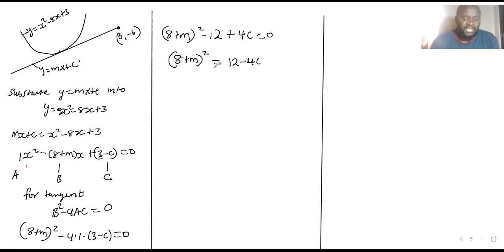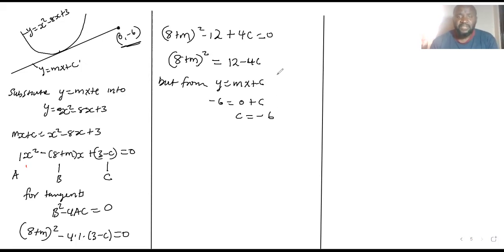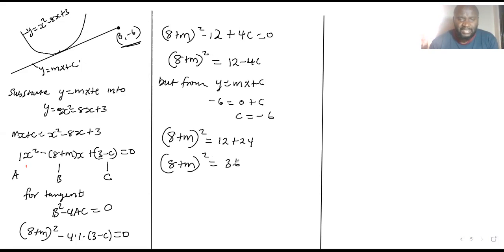Now go back to the other equation, y = mx + c. When I substitute this point, I will have y = -6 = 0 + c. I can confirm the intercept as -6. So if the intercept is -6, I'll have (8 + m)² = 12 + 24. So (8 + m)² = 36.